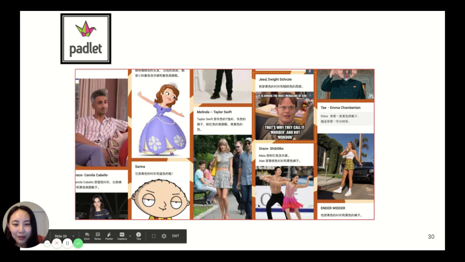And they're going to talk about, in that picture or video they find online, what the person is wearing. So students were super excited because they get to think about, oh, this is a celebrity I pick, and this is a particular outfit I pick. So they get very excited when they are describing that in Chinese.